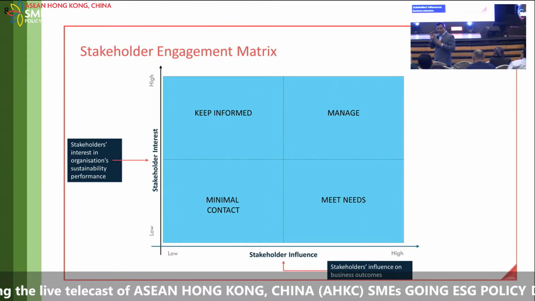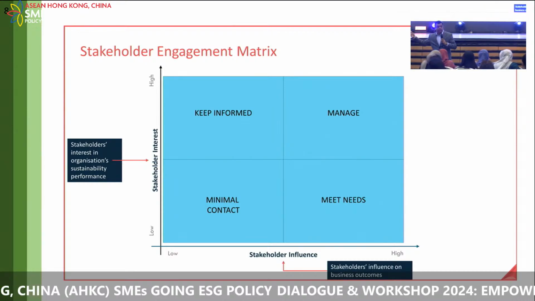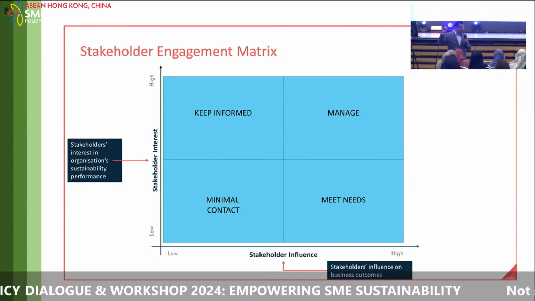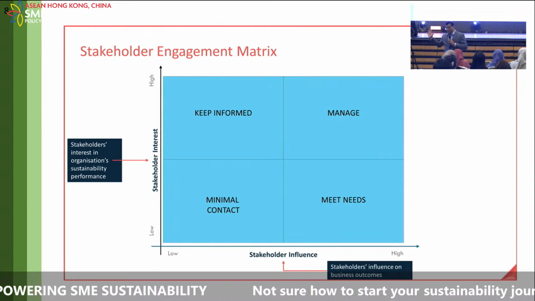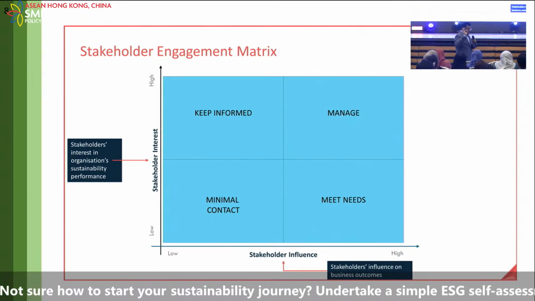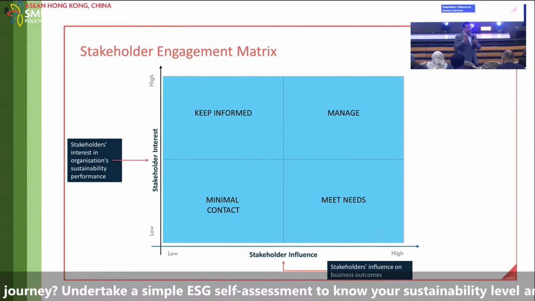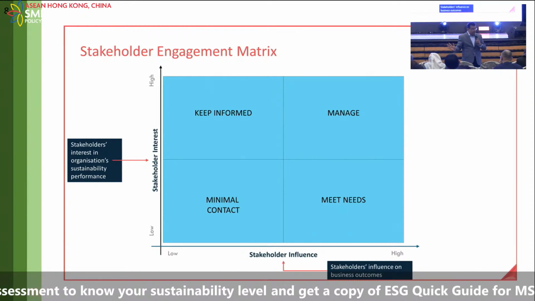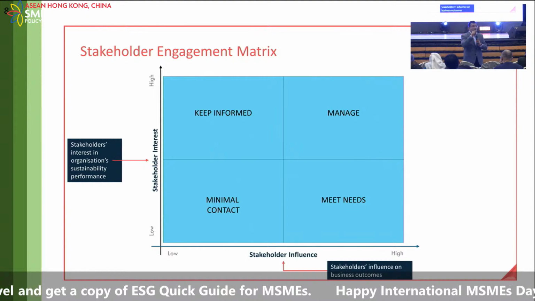The slightly more complicated part is trying to plot them in. Plot. Axis X, axis Y. Don't worry, I wasn't too good in maths in school either, but it hasn't stopped me from doing this, X and Y. Now, basically, with that list that you have, you need to plot it based on their influence on your business, which is axis X, and their concern or their impact, their interest in your sustainability.